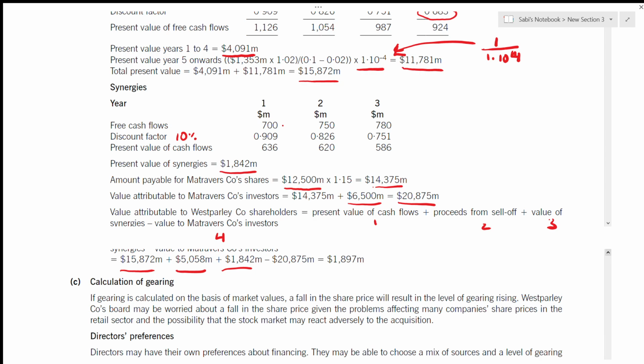So you have to deduct that. That's why it is 2875. Right? To find that value, you have to find the total value of Matt Trevor company's investor. That is your equity with the premium and your debt. So this is your value to the Westpale.